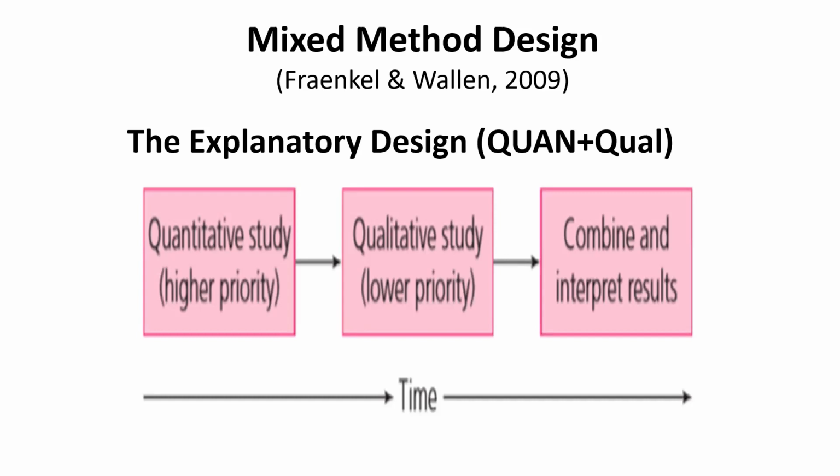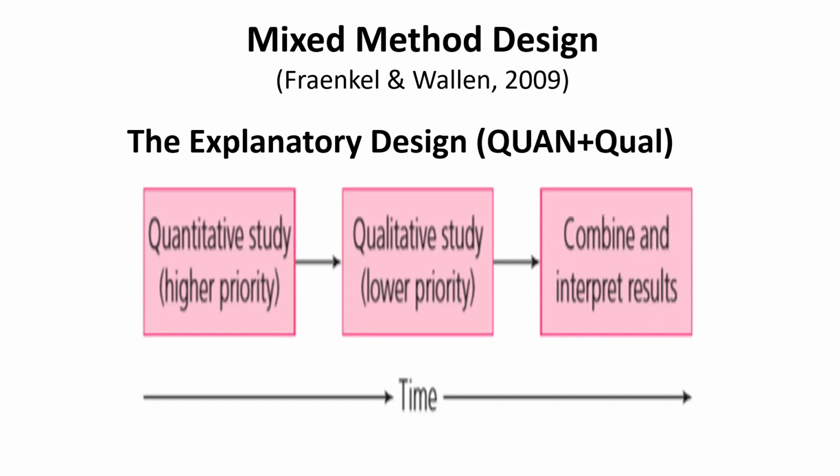For example, you will interview some of them, and you will select your appropriate participants who could give you the needed data. For example, you could select them through what we call theoretical sampling, or through purposeful sampling, and after which you combine and interpret the results.